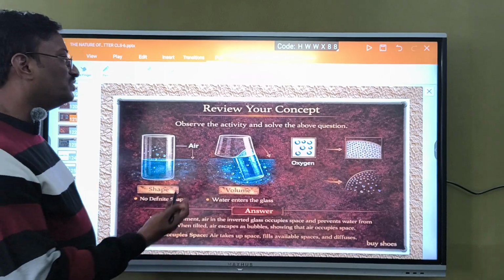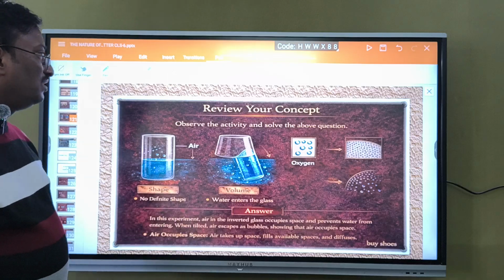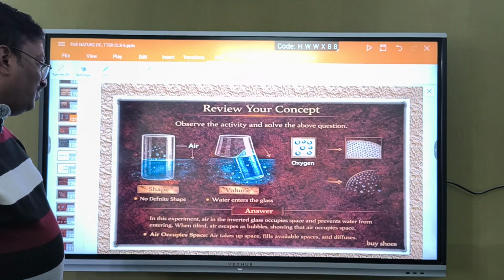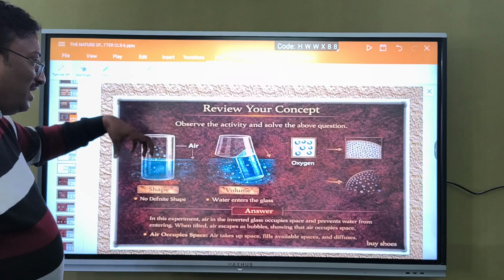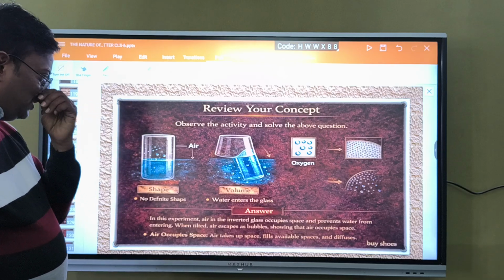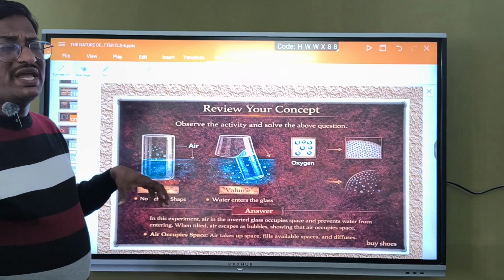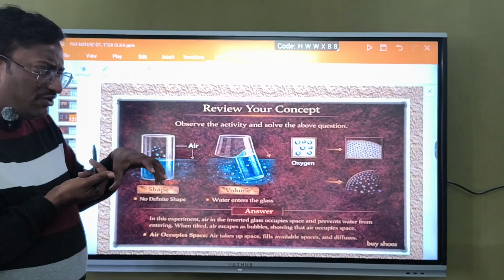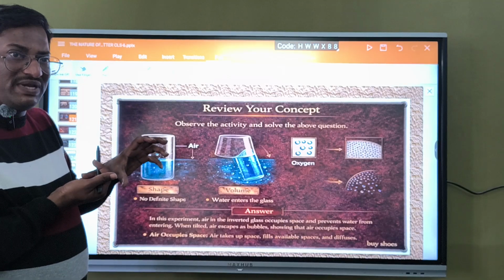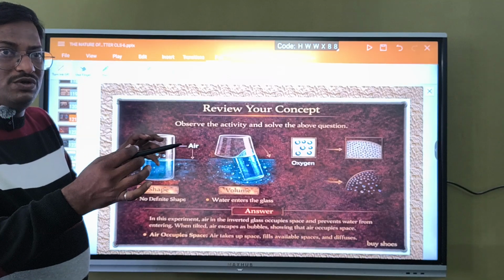Next one, observe the activity and solve the question. In this experiment, we have inverted the glass in the liquid. While inverting, there will be air inside the glass, so the liquid does not flow in. If you tilt it to some extent, the air will come out.